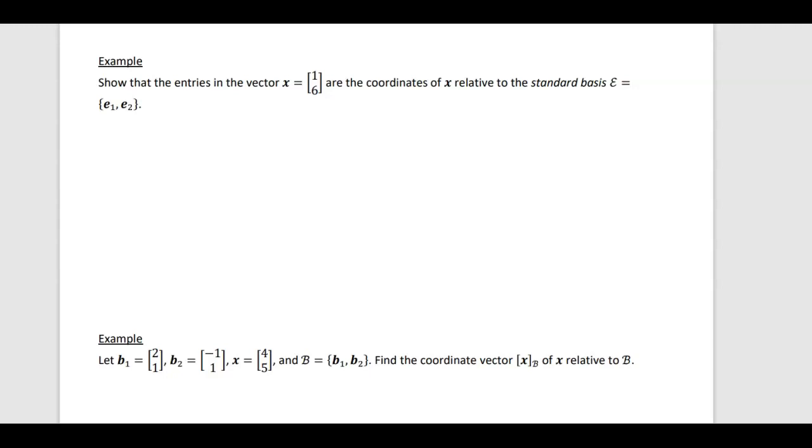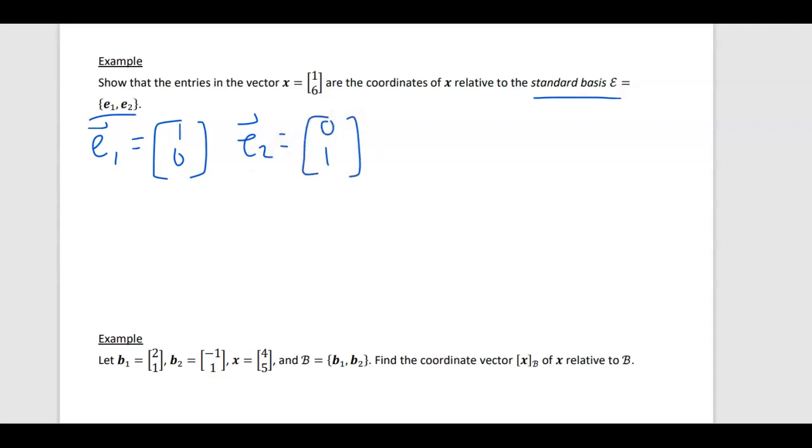Show that the entries in that vector 1, 6 are the coordinates of x relative to the standard basis E1 and E2. So in order for us to have a standard basis, E1 and E2, we say that E1 is 1, 0, since I know I'm in R2, and E2 is 0, 1. They're essentially the most basic or elementary pieces, so that would be our standard basis by definition.